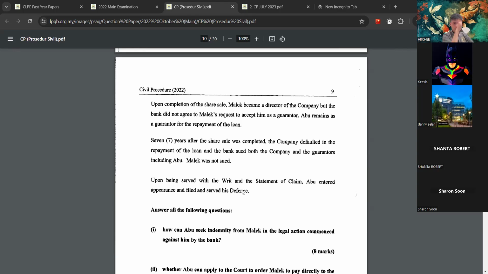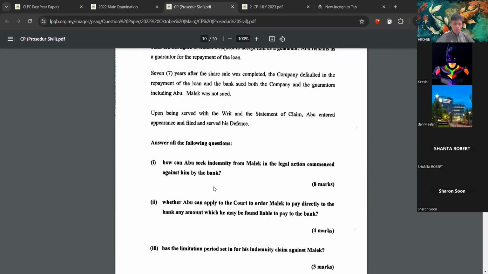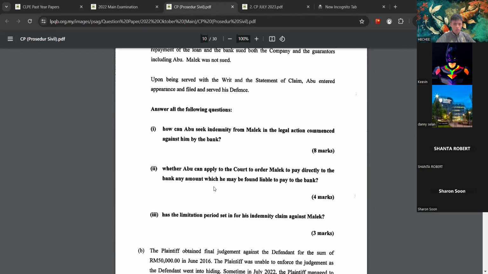Any idea? Oh, sorry. Has the limitation set in for the indemnity claim against Malek?